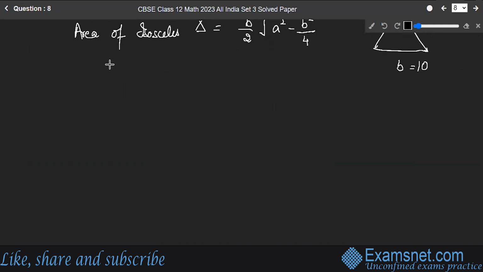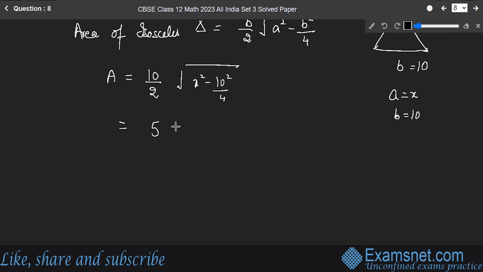So we are assuming a to be x, and it's given that b is equal to 10. So the area A becomes 10 upon 2 root of x square minus 10 square upon 4, that's 5 root of x square minus 25.